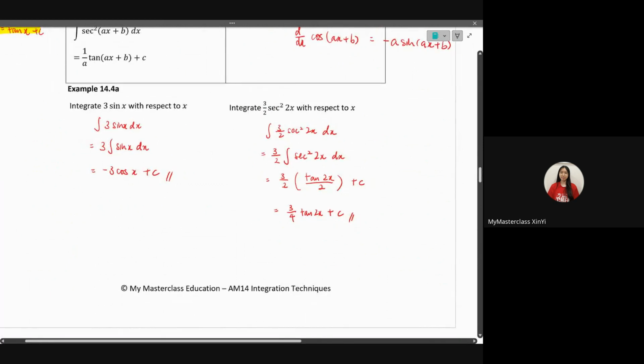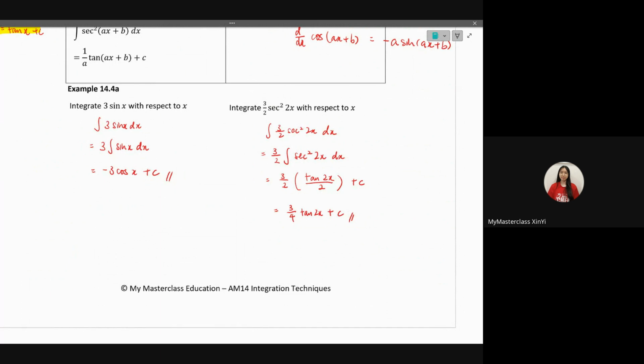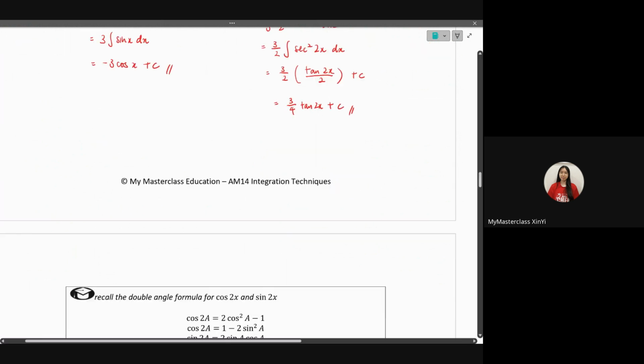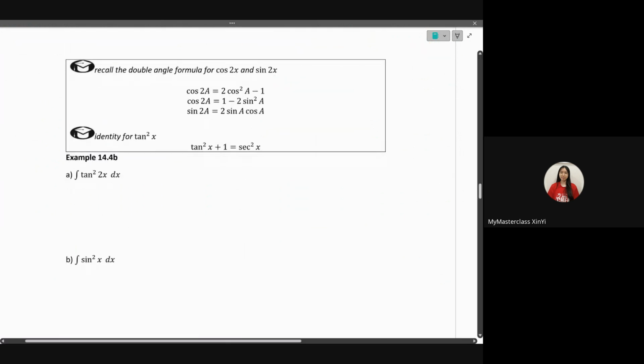Now, just now recall we talked briefly about the integration of sine squared, cosine squared, and tangent squared. Remember I said we cannot use the reverse chain rule. So let's take a look at examples like this.